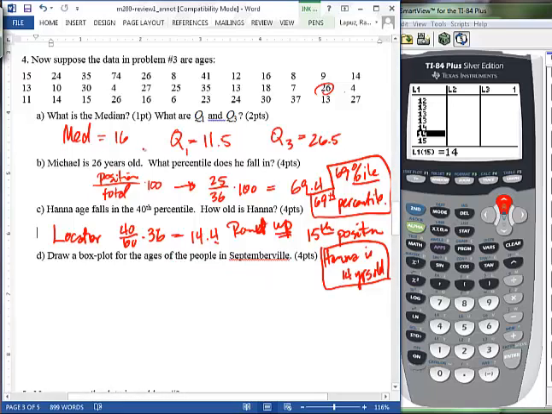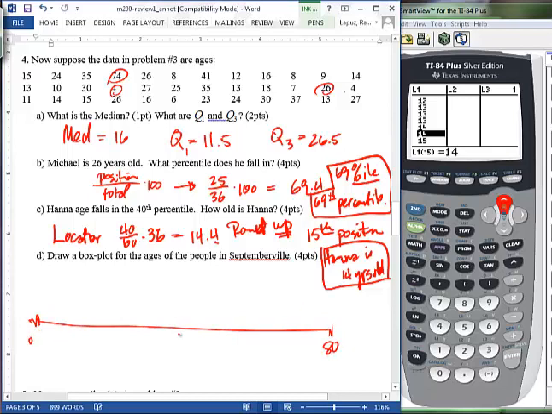We have the median, the Q1 and Q3. All we need is the minimum and the maximum. So the maximum was 74. The minimum looked like it was 4. What's really important here is that we actually have a number line.